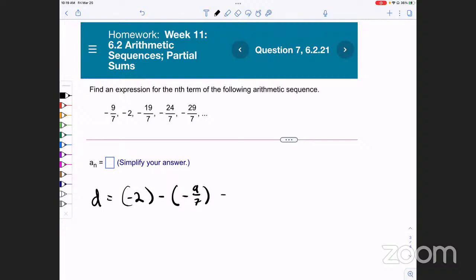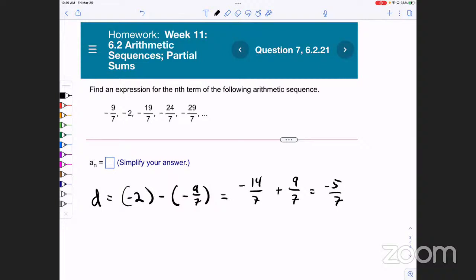The double negative becomes positive, and if we get a common denominator, that's -14 over 7 plus 9 over 7. What is that? -5. So it looks like we're adding -5 over 7 each time.